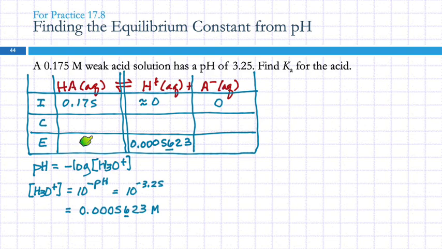So then we're going to figure out what goes in the rest of these boxes. How do we get from 0 to this number? Add that number. Yeah, we add that number. So this change must have been plus 0.0005623.